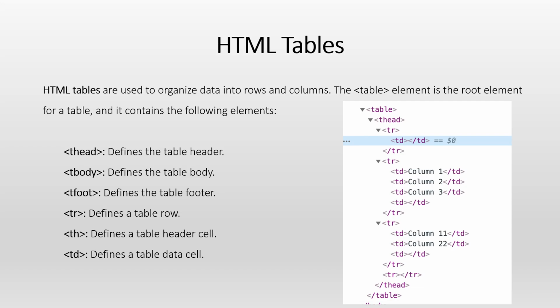And there will be other tags like tr, th, and td. The tr tag is used for creating a row. Inside that row, we either want to create headings or we want to store the data. For those purposes, we use th and td. To show the headings, we use th.